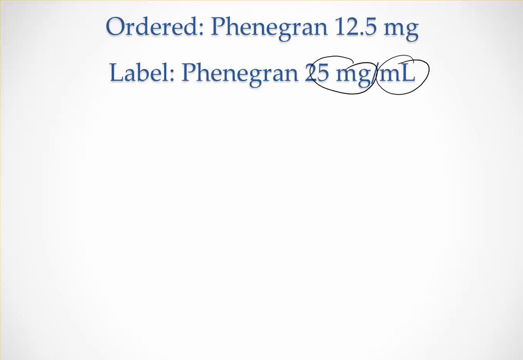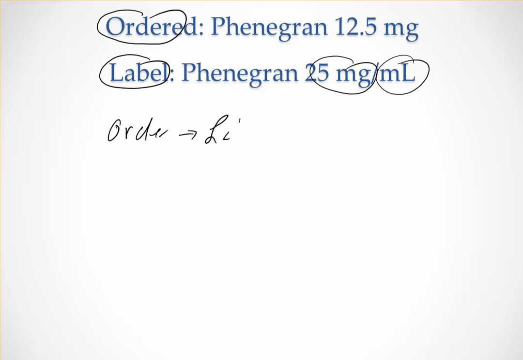So when you work with dimensional analysis with pharmaceuticals, you always start with the order, and then you work with what's on the label. So we have the order, then we go to what is on the label, and then any converting. By having these two front and center, we can then do any necessary conversions.